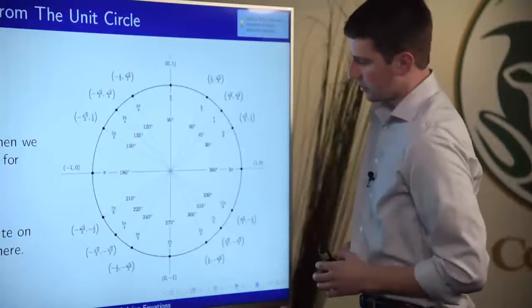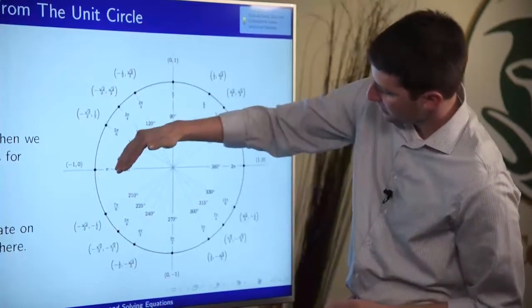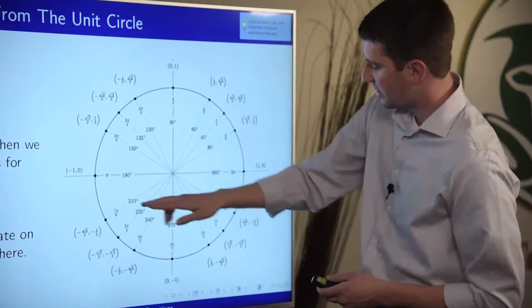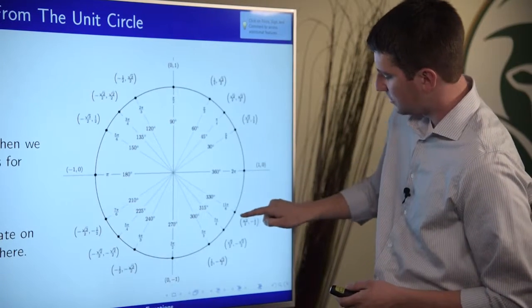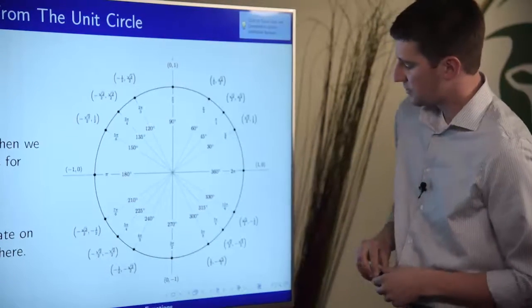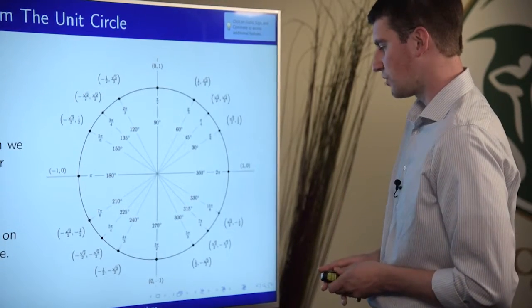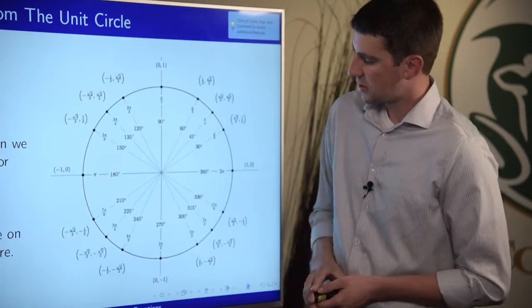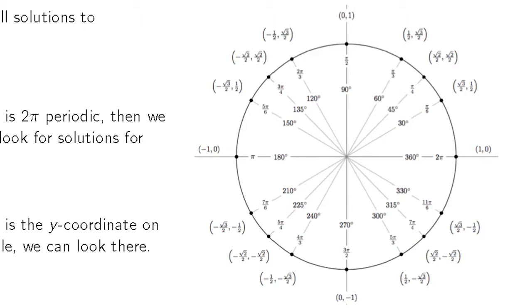So we're looking for, essentially, this angle right here is going to be pi plus pi/6, because this is 1/2. And likewise, this point here is going to be 2 pi minus pi/6. So therefore, from 0 to 2 pi, we have two solutions, 7 pi/6 and 11 pi/6. So let's go to the board to find all our solutions.